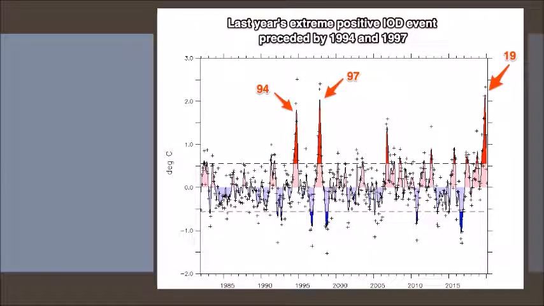So if you have a look at the last 3 years in Australia, ending with 2019, you can quite clearly see a trend of positive IOD events. Okay, you can see the last 3 years have all been positive, with 2019 being an exceptionally strong positive IOD event.